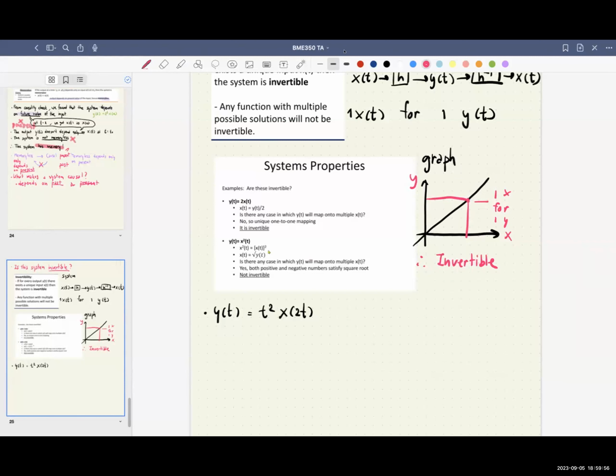However, if you see a parabolic graph like this, let's say I have one y here, we will spot two values of x, right? x1 and x2. Therefore, this system is not invertible.